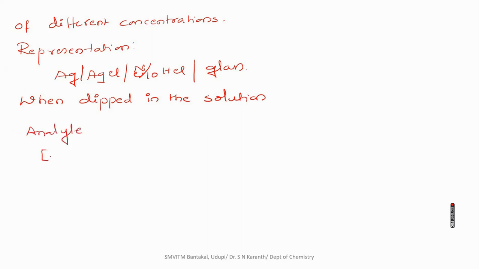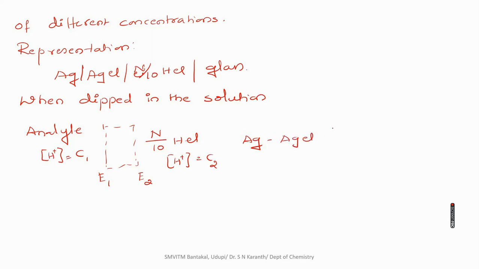So we may represent the electrode when it is dipped in the analyte solution with the concentration of H plus ion C1, and outside the bulb a gel layer develops a potential E1 volt, and inside the bulb it develops a potential E2, and it in turn contacts the internal solution N by 10 HCl with a concentration of H plus ion equal to C2.